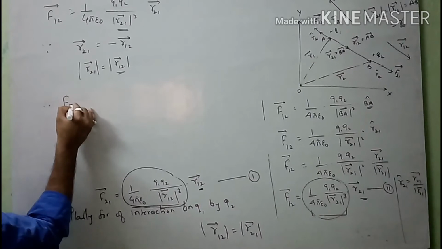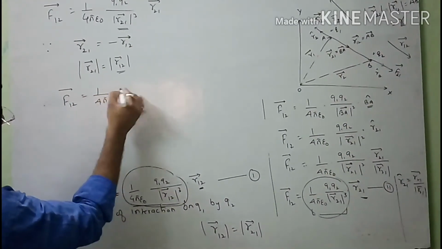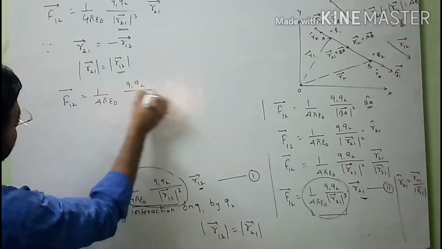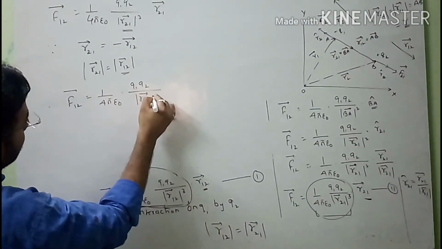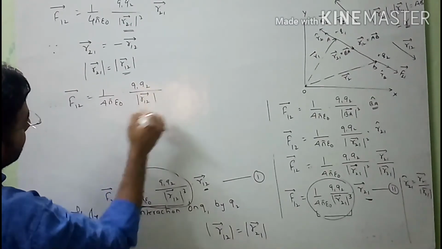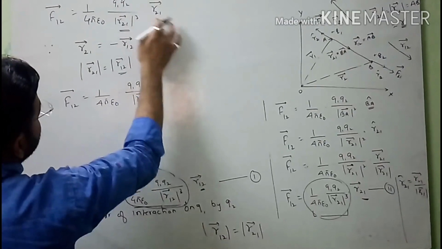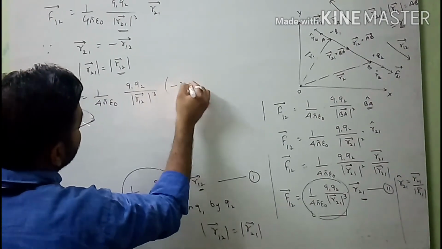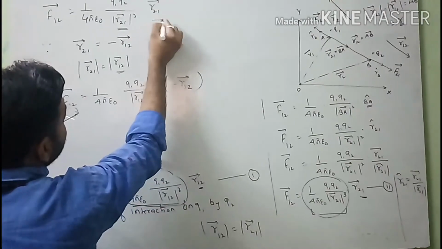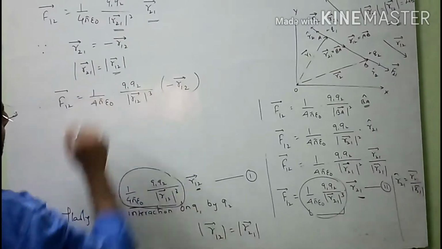Therefore, at last you will see, student, the formula will be 1 over 4 pi epsilon naught Q1 Q2. In place of R12 you will write R21 whole cube, and in place of this you will write negative of R12, because this is a vector form, or you can say this is the position vector.